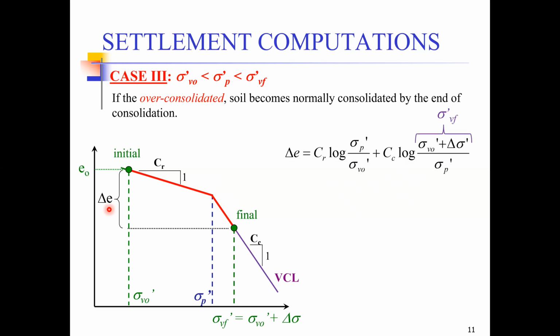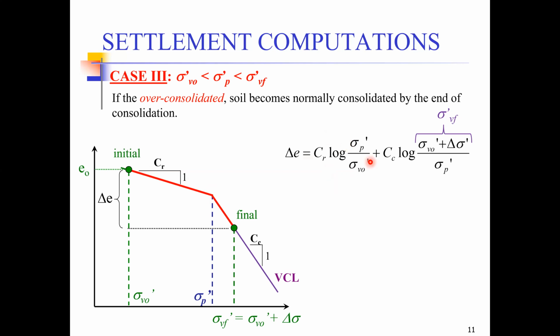So you see what we have done here is, first of all, we determine the slope of this initial part. The slope of this part would be the recompression index, between the initial pressure and the pre-consolidation pressure.